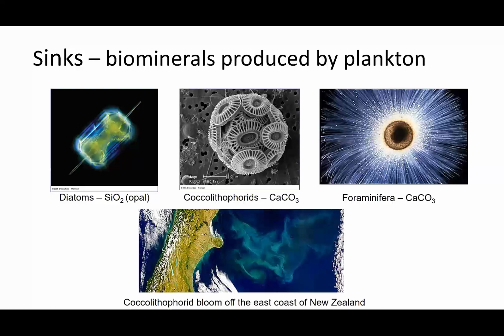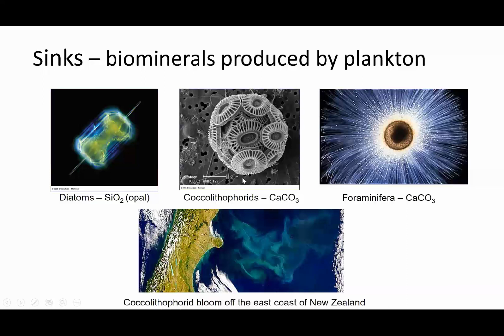So they're dissolved ions that these plankton extract from the seawater to form their shells, and then once the plankton dies, these shells are much denser and heavier than seawater, so they sink through the ocean and collect on the seafloor. Some examples of these are the diatoms, and diatoms produce pure silica or opal skeletons. There are very significant diatom opal deposits on the seafloor.